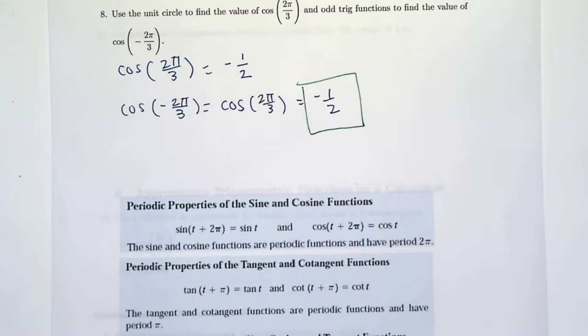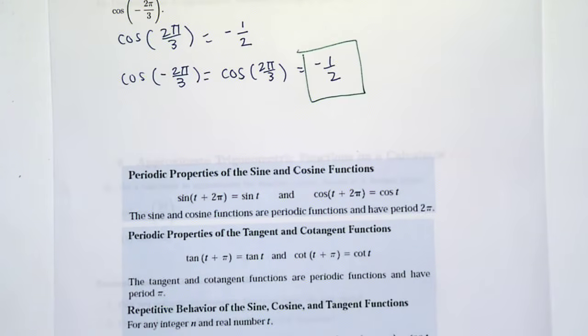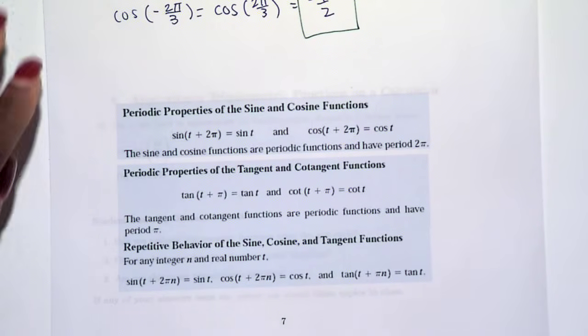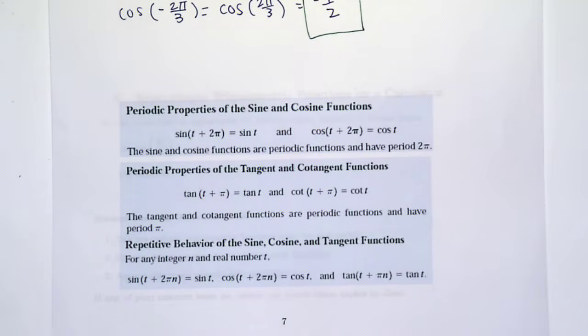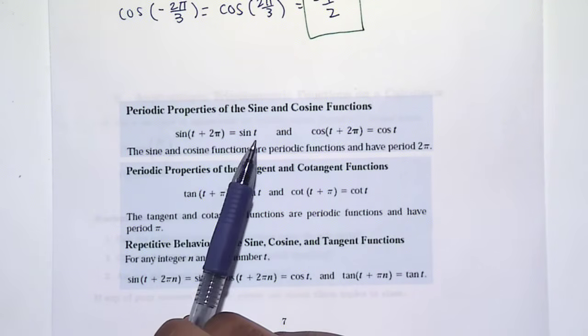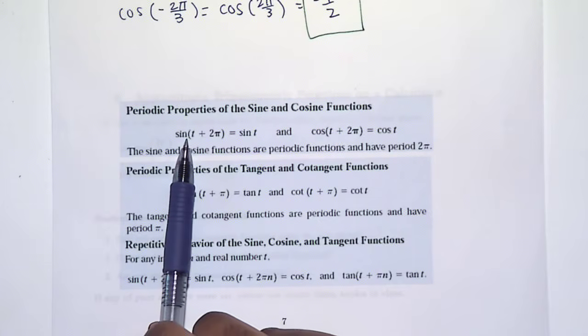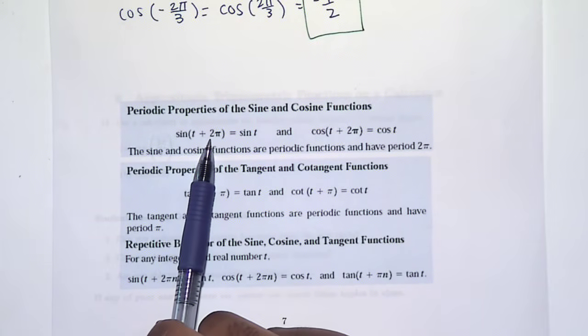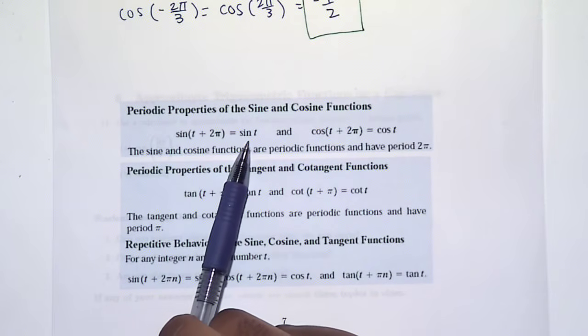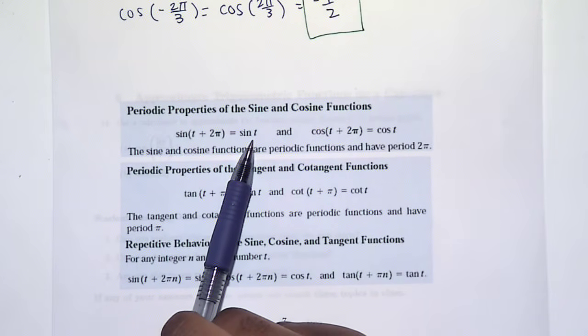All right. Trig functions also have properties, meaning that they are periodic, and a periodic function just means it repeats. Our trig functions repeat, and we know this is true because of how the unit circle works. So, periodic properties for sine and cosine: if you add 2 pi to an angle and take sine of it, it's going to be the same as if you did not add 2 pi at all.